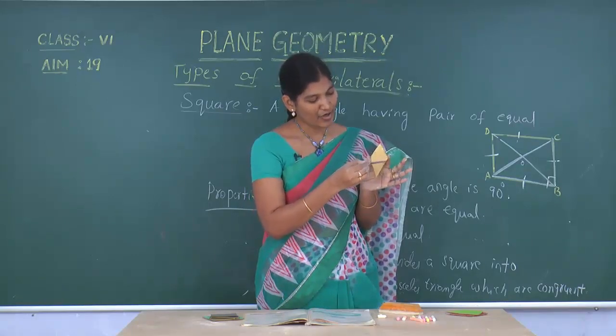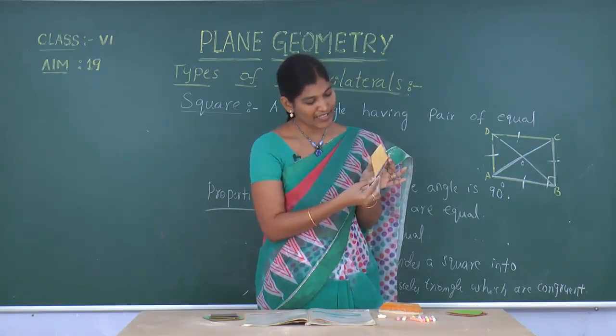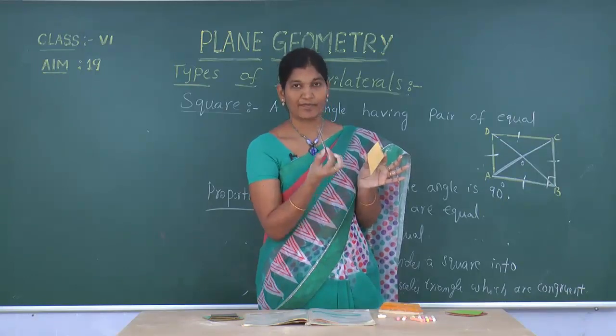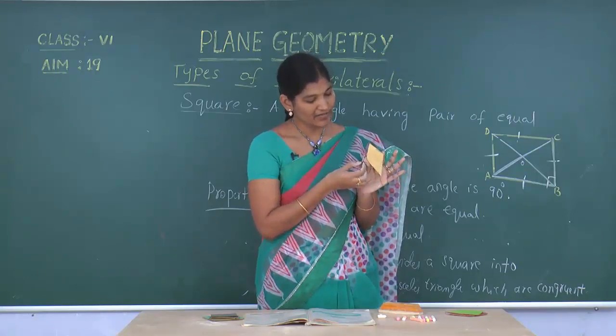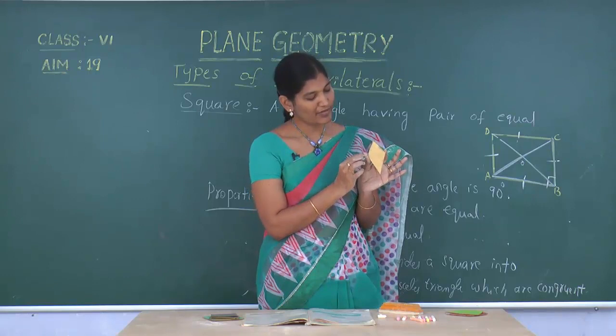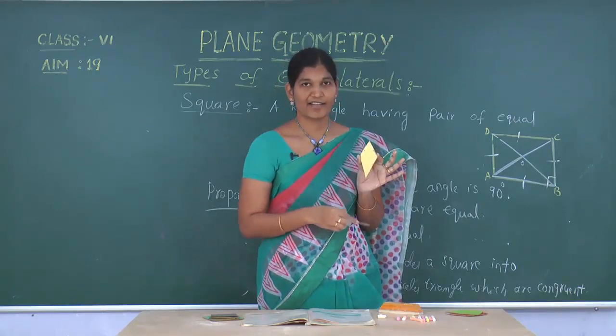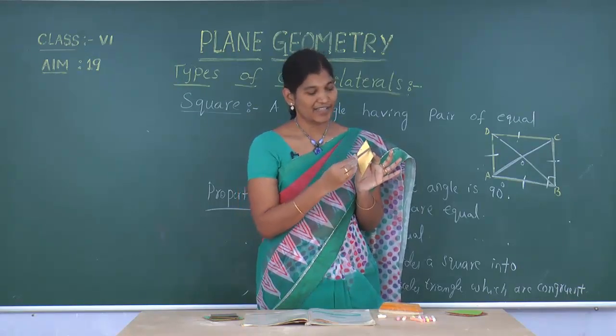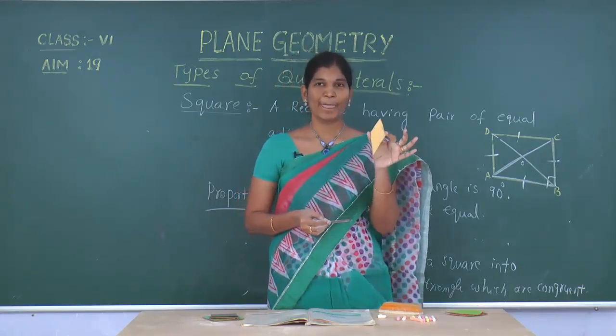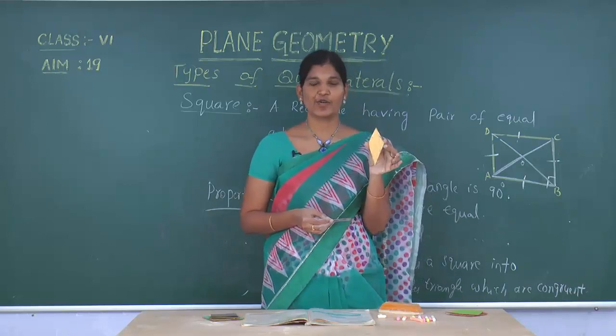This one is not equal to this one. Why? Because this length is this much, and see, this one is up to here only. So opposite sides are unequal, adjacent sides are equal. So then that figure is said to be a kite.